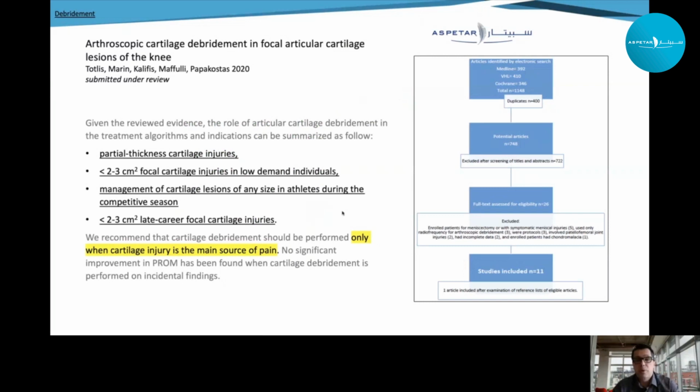We are about to publish this systematic review that we made with our team. It is already submitted and most probably will be published in the next couple of months.